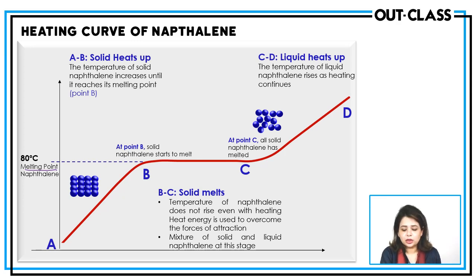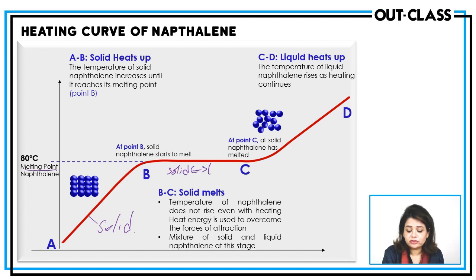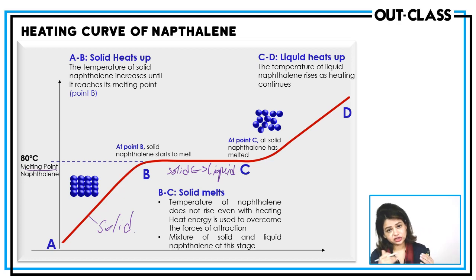Solid and liquid. From A to B, we have only solid. From B to C, we have solid changing into liquid. So we have two states. Remember, ये जो flat area होता है ये change of state show कर रहा होता है, and at the change of state we have two states coexisting together.